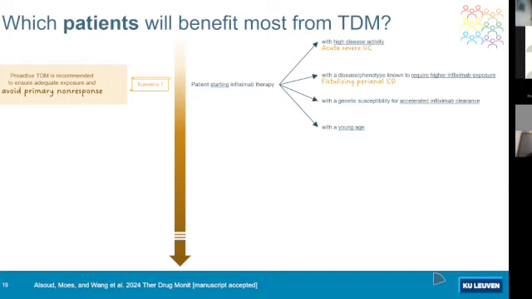Also, patients that simply have a lower sensitivity to infliximab, for example, patients with fistulizing perianal Crohn's disease, another very specific population, but also patients with certain polymorphisms that are linked to an increased clearance of infliximab. These patients might need more close monitoring. And eventually also patients with a young age, just because they have a lower body weight, and it is known from the original drug development that the standard dose of infliximab is actually not enough for these patients.